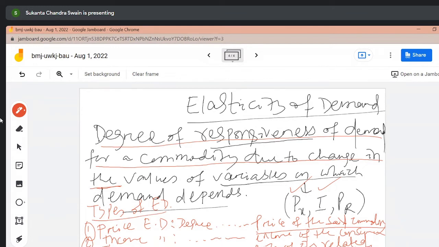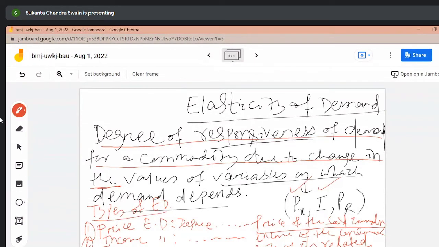So elastic demand can be defined as to what extent demand responds to change in the values of the variables on which demand depends. Because there are three important variables, price of the commodity, income of the consumers, and prices of the related commodities, we'll be having three types: price elastic demand, income elastic demand, and cross elasticity of demand.